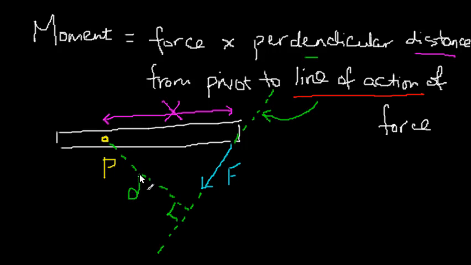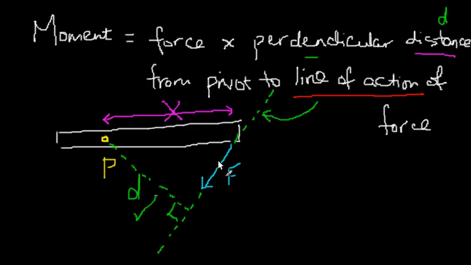If I call this D, from there to there, that's the D. So it's a little bit more complicated than just the distance from the pivot to the point where the force is pulling. So we have to remember this. This is the correct distance. So that's moment.